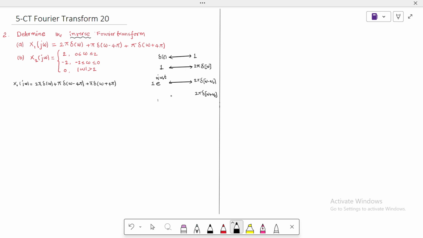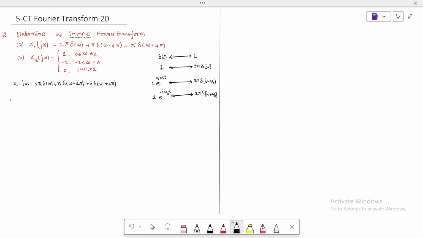For that case, the 1 must be multiplied by the exponential e power minus j omega naught into t.